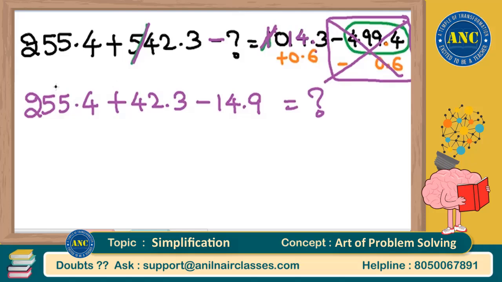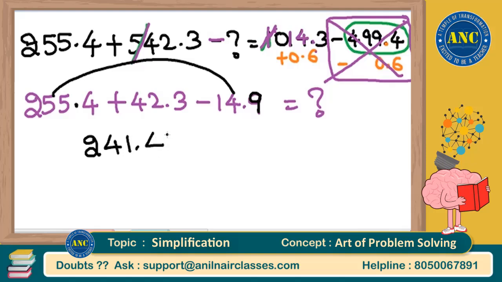Now same logic. 255 minus 14 is 240, and 0.4 plus 0.9 is 1.4. It is 241.4, right? Sorry, it is subtraction, right, sir? So 255 here it is subtraction.